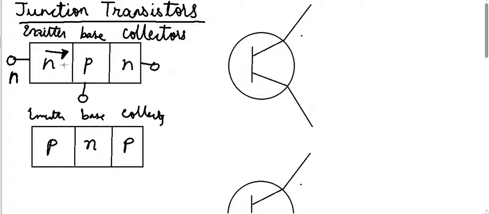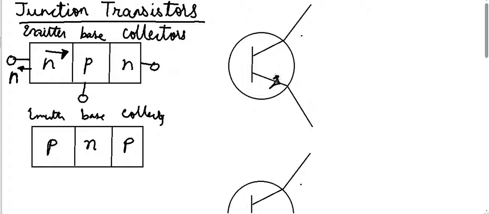Now if it repels all the electrons, that means the current, which is assumed to flow in the opposite direction to the electrons, is flowing away from the transistor. Electrons are going towards the transistor, so the current is going away from it. That is why the general notation for an NPN transistor is like this.